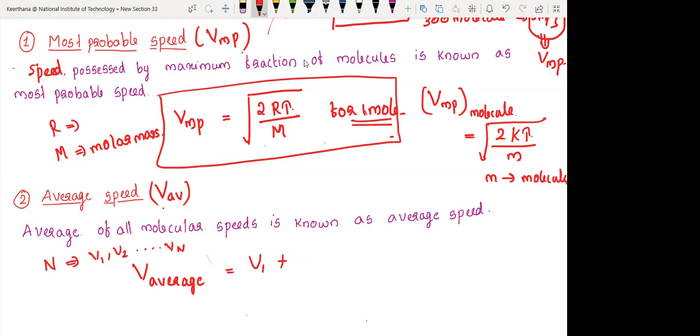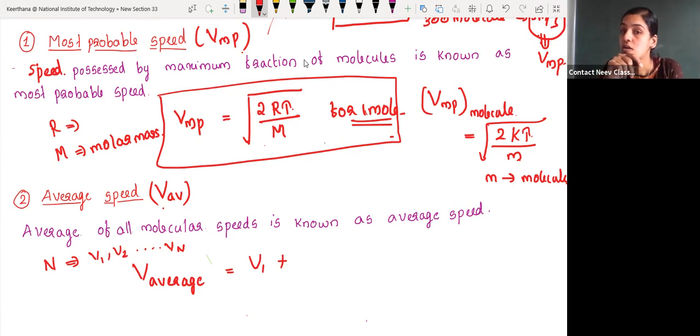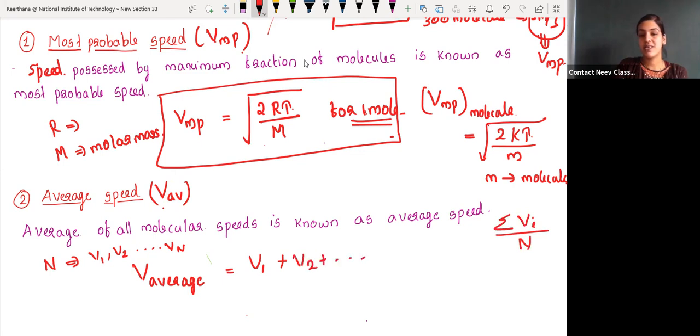Sigma V by capital N. It is actually summation over Vi divided by N, or V1 plus V2 plus etc., the summation of all speeds divided by the total number of molecules.